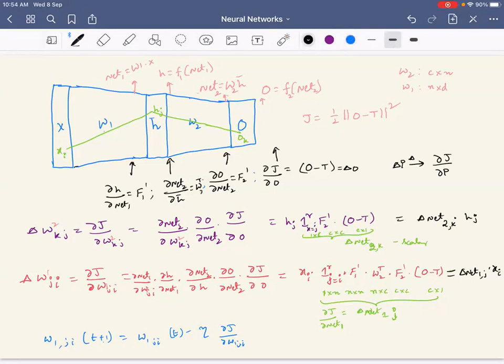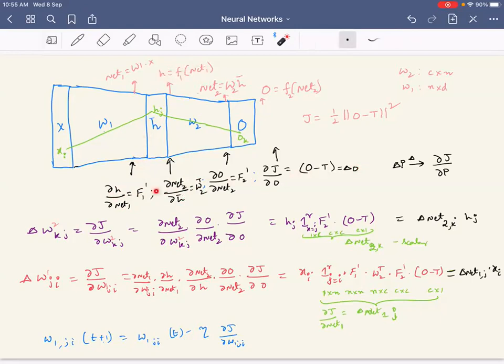And then dou H by dou net 1, which is F1 dash, because F1 is the activation function here.